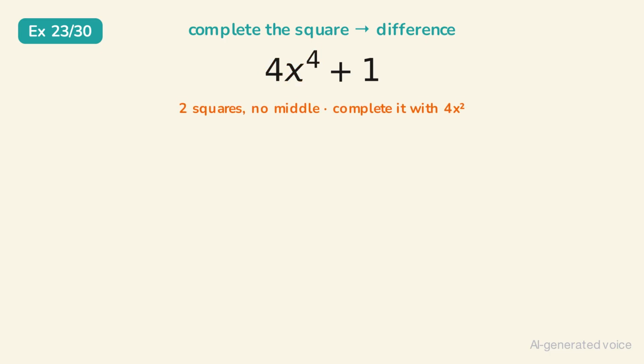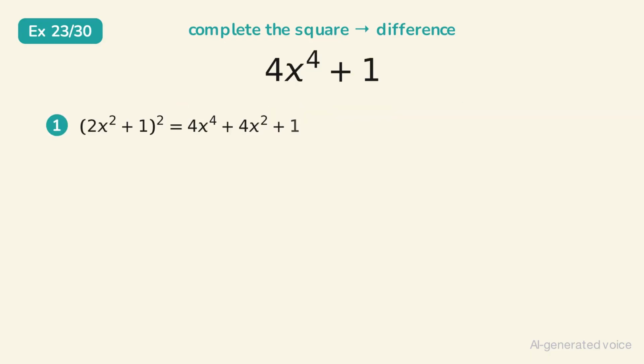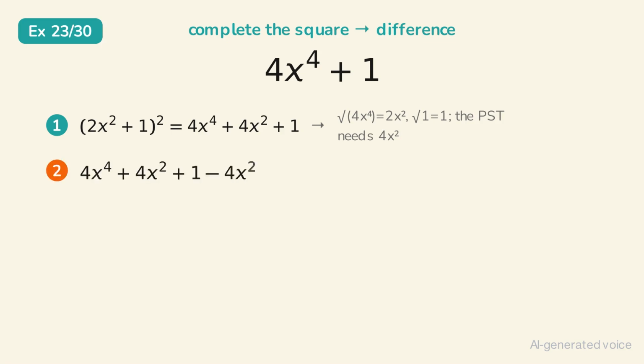Again 2 terms, and again both are squares. The root of 4x⁴ is 2x², and the root of 1 is 1. The square we want is (2x² + 1)², which gives 4x⁴ + 4x² + 1. We are missing the 4x² in the middle. We add it, and to compensate, we also subtract it.